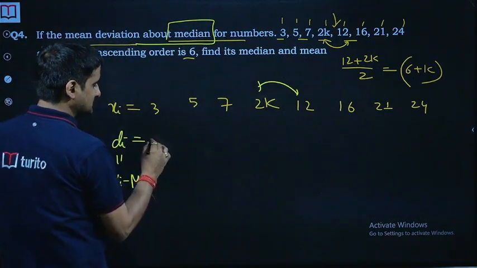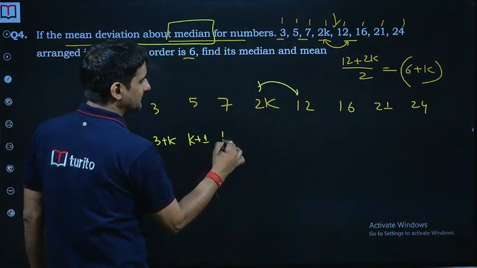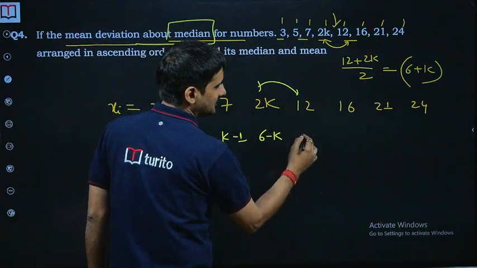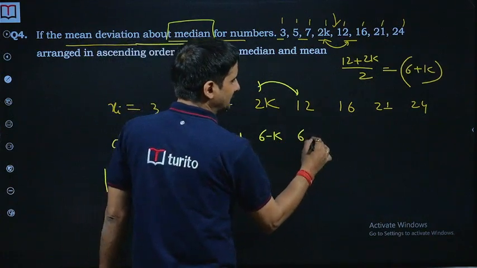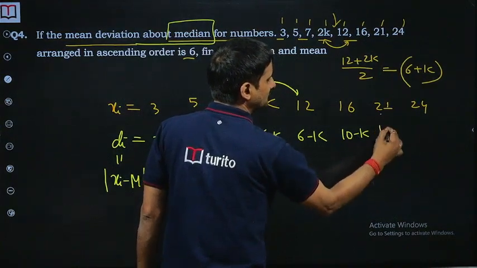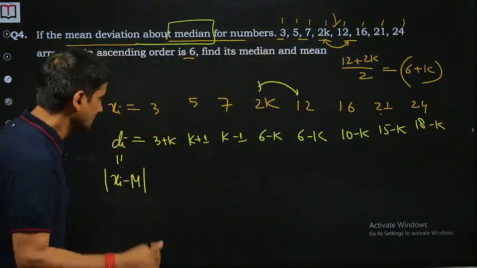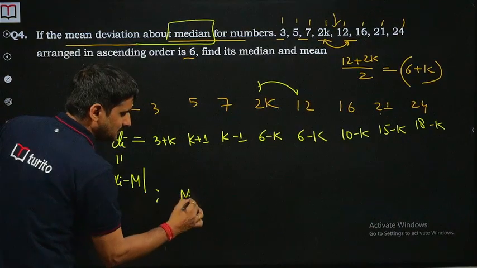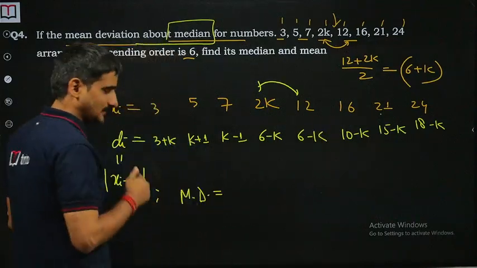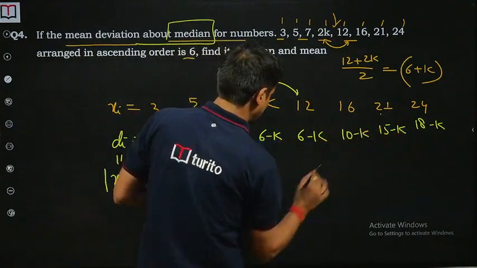So 6 plus k minus 3 is 3 plus k, and this is k plus 1, and then this is k minus 1, 6 plus k, or 6 minus k, and then 12 minus this, 6 minus k, 16 is 10 minus k, and then 15 minus k, and then 24 is 18 minus k. So that's your deviation. So what will be the mean deviation? Mean deviation is nothing but the mean of deviations, so the sum of all deviations: k three times and three times gone, so minus 2k.